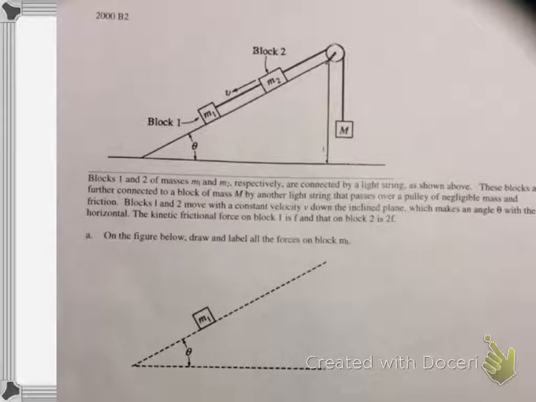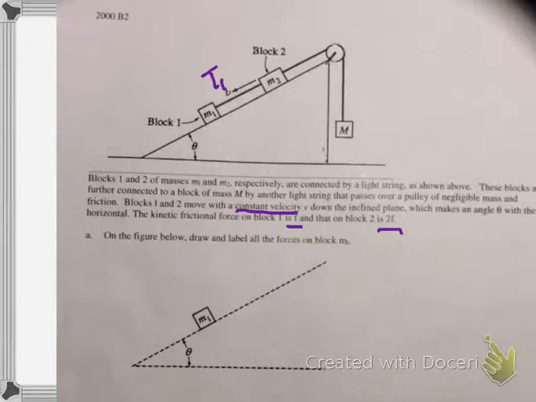We're told some information about the friction, that the friction force on block 1 is F and is 2F on block 2. And block 1 and 2 are moving with a constant velocity down the plane. That's some very useful information.